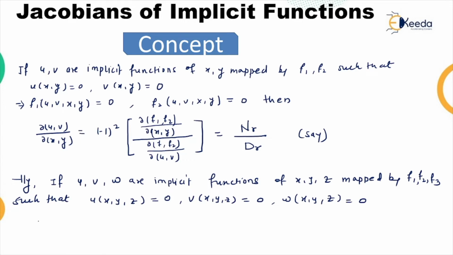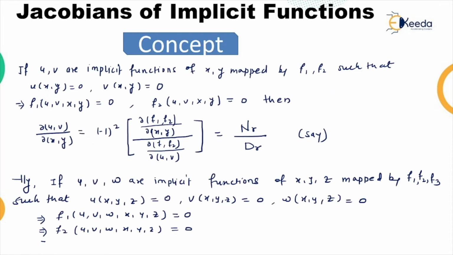The mapping takes such a function as f1(u,v,w,x,y,z) equals 0. Another function I am considering is f2(u,v,w,x,y,z), which is also equal to 0. So the same variables are there.